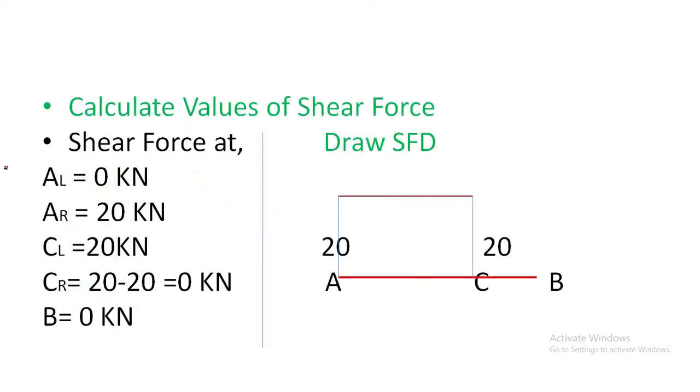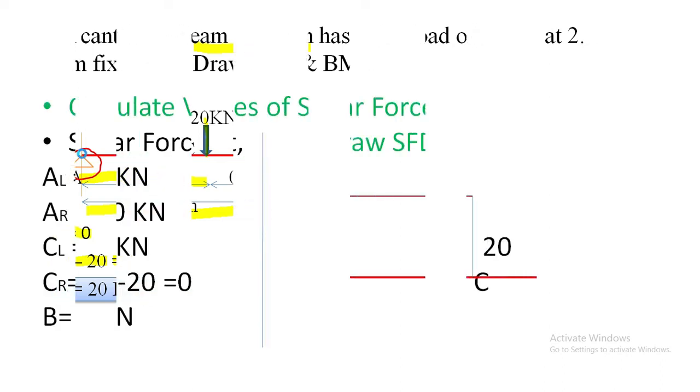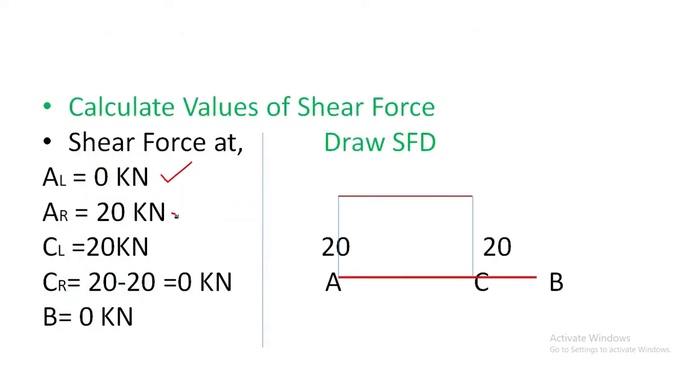Second, A of right is equal to 20 kilonewton, means now this section line is drawn right to the A. Draw this line here. Now look left of that section line. In this area there is only the RA force, which is going in upward direction, so it is plus 20 kilonewton. So this is about the A of right.